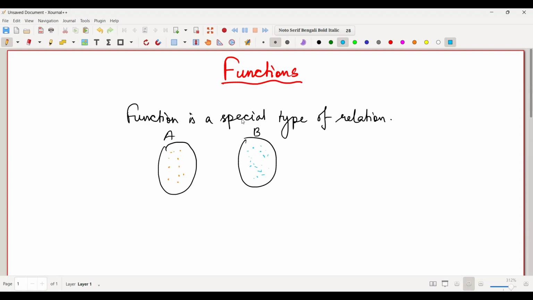So for a relation to be a function, every element in the set A must be related to an element of B. All the elements of set A, and later we called the set A the domain and B the codomain.